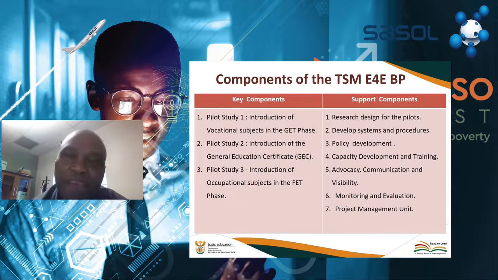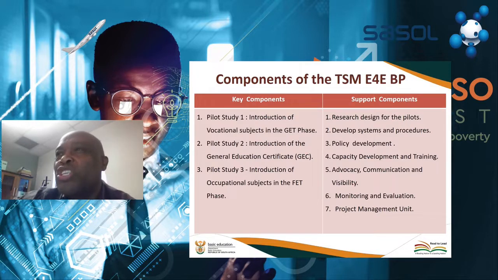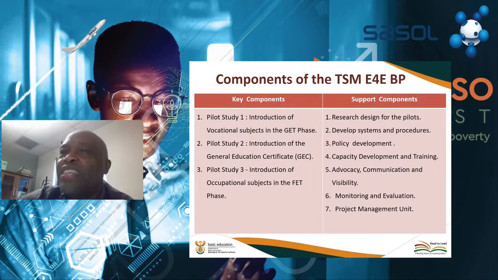Advocacy is going to be key for the 3-stream model because we still, as a country, are battling to understand and accept the value of vocational as well as occupational learning pathways, monitoring and evaluation, as well as the work that is done by the established project management unit.